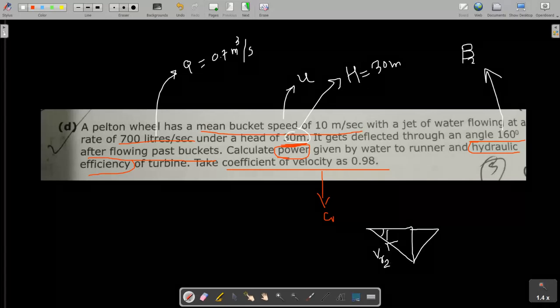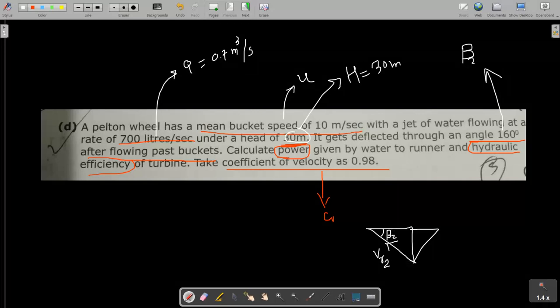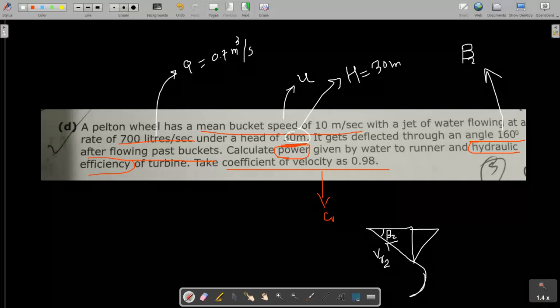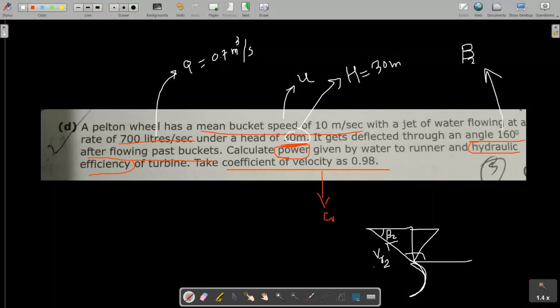So this angle is beta 2, and it is after this, like this. Suppose this is the blade, so as it is written that angle is 160 degree after flowing past the bucket. So the beta 2 is 160 degree, this whole angle.